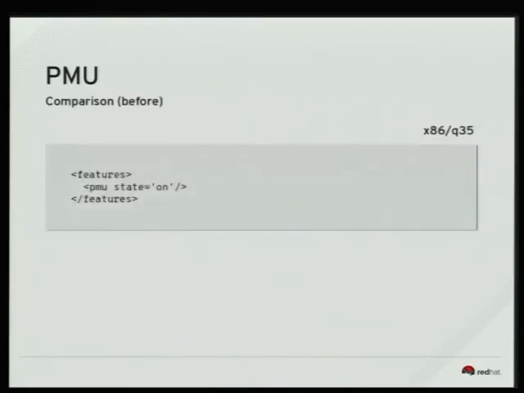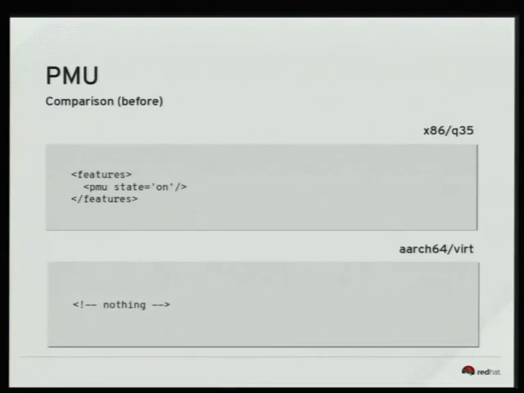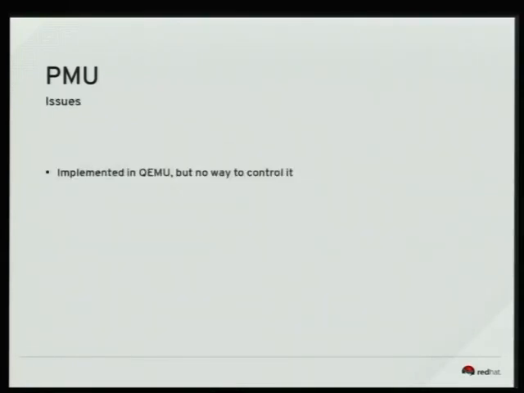So when we started on x86, you could just get this snippet in your configuration, and you got a virtual PMU you could look into. On AArch64, you had nothing, because that was not possible. Actually, the support for PMU was implemented in QEMU, but there was no way to control it. Depending on the machine type, it could be on, it could be off. You had no way of deciding as a user. So that was our problem.